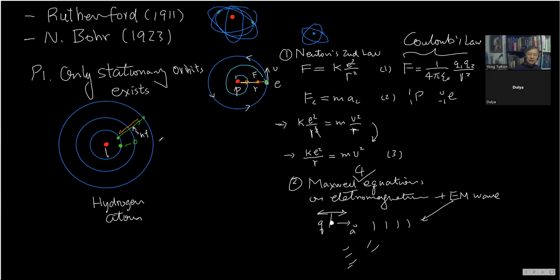So therefore he got this famous formula: the energy of the photon is equal to the change between the two energy states of the hydrogen. You can call them M and N, or put it the other way around. Does that make sense now?